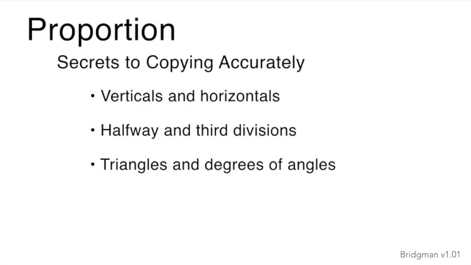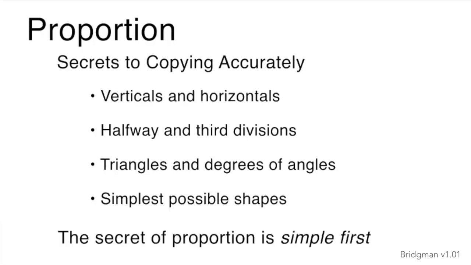Can we look at an angle and name it? If we can, we're seeing accurately. And simplest possible shapes because this is complex. The biggest secret of interpreting proportions accurately is to reduce to simplicity.